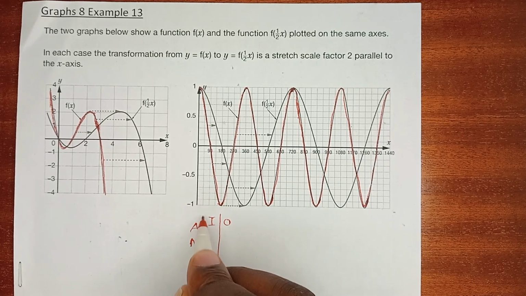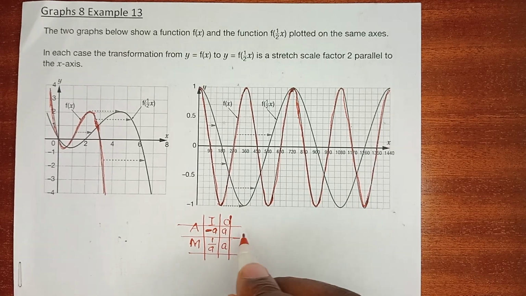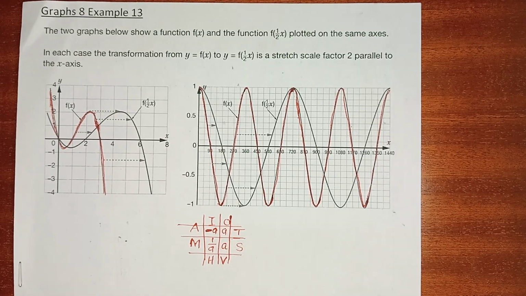This is just how I summarize the transformation of curves: minus a, 1 over a, and a. And we have to verify his answer or himself.